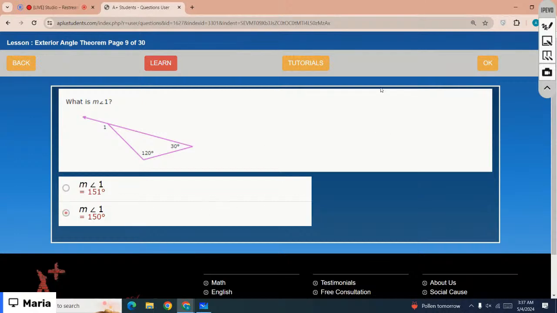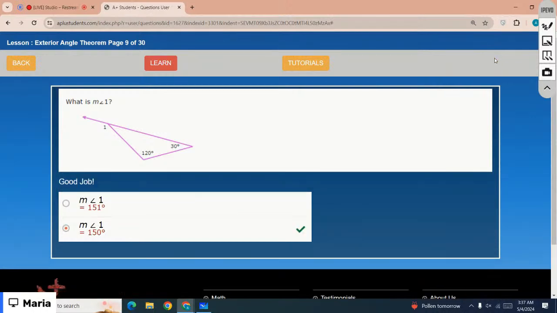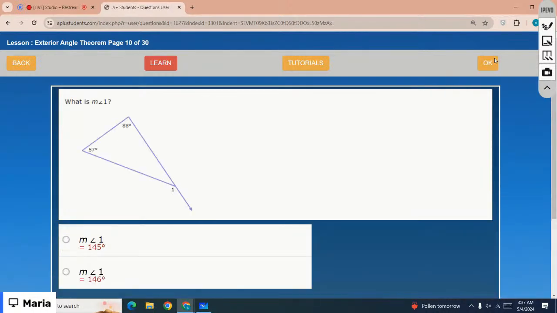That is 150 degrees, right? The correct option is that is 145 degrees, right?